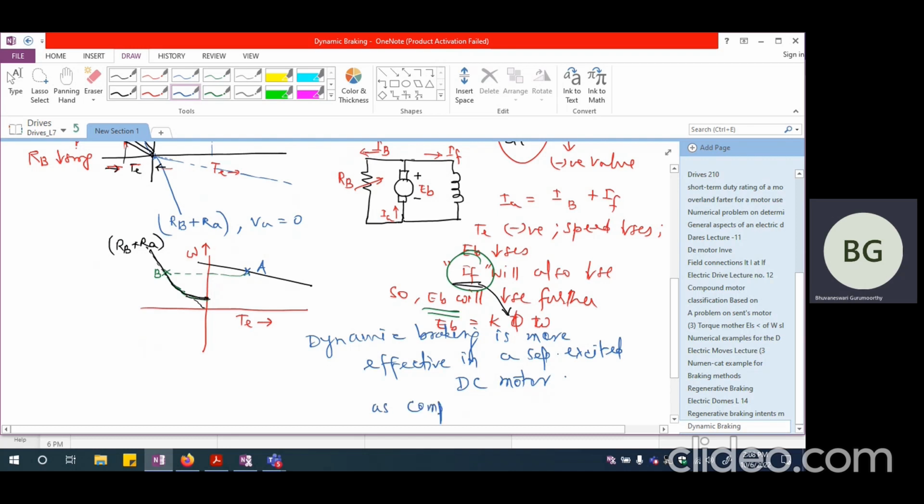So we are comparing a shunt motor with a separately excited DC motor.